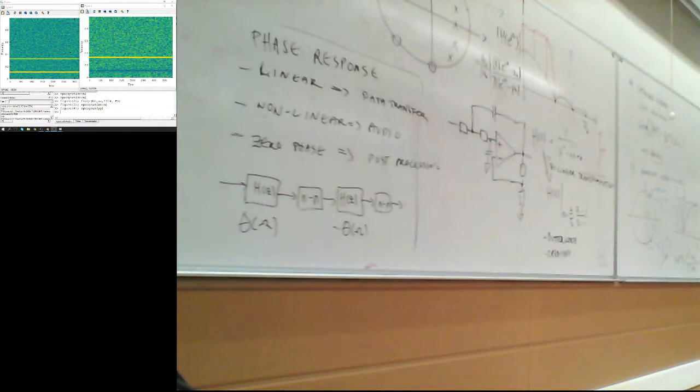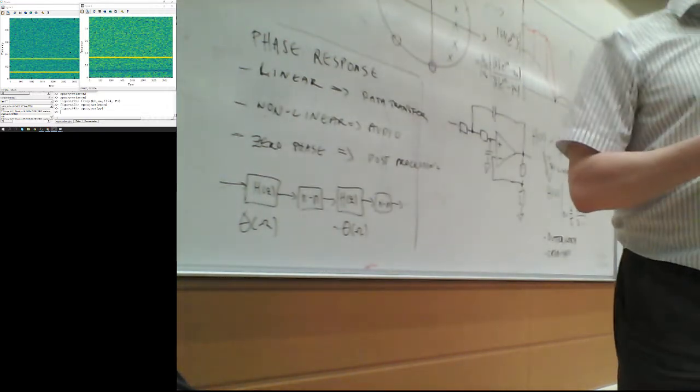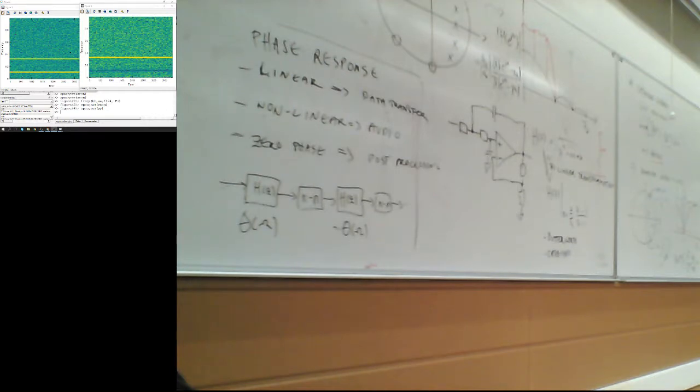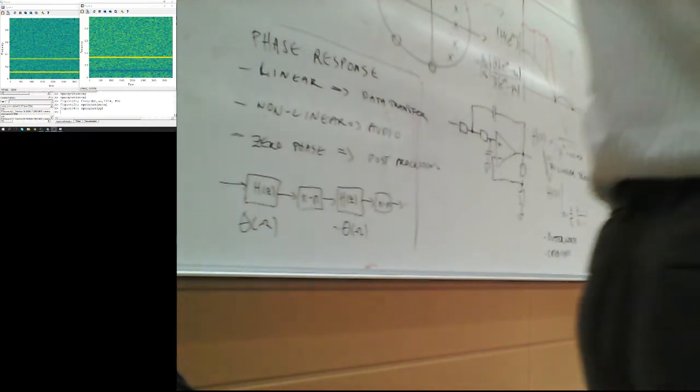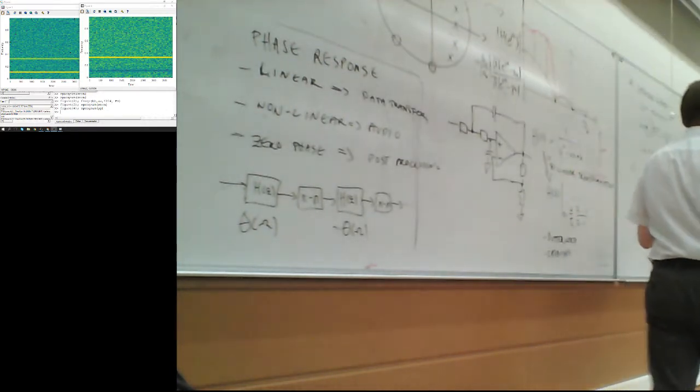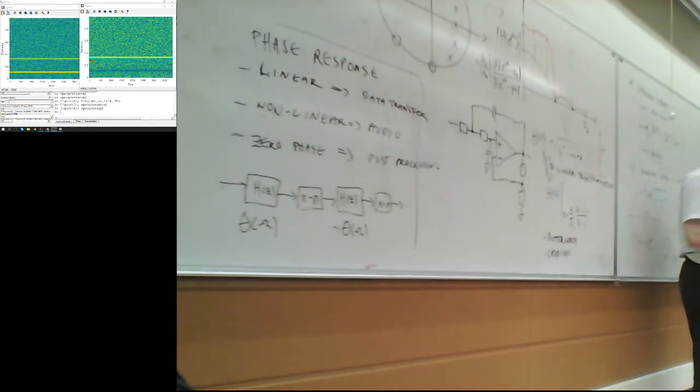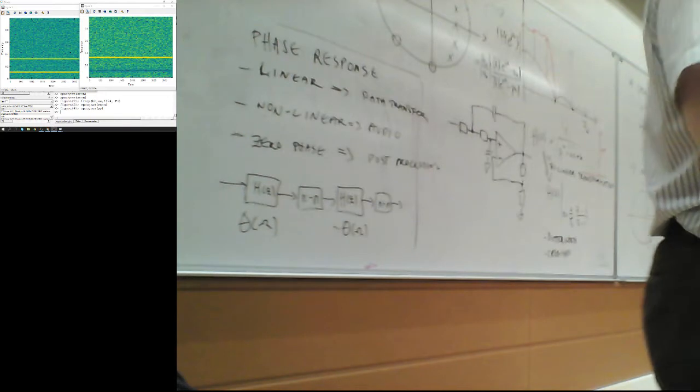Another way where you actually go easily off this notch is when you have jitter on your sampling clock. If you have 1% jitter, 1% of 8,000 hertz would be already 80 hertz. That's a lot.